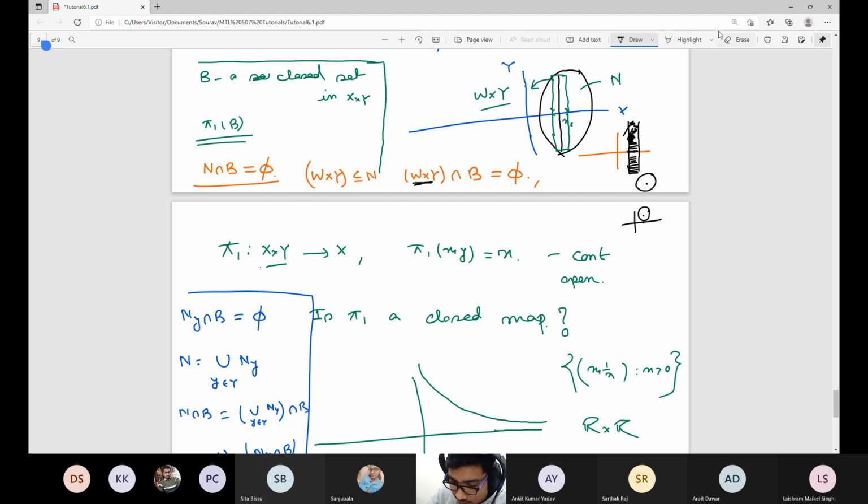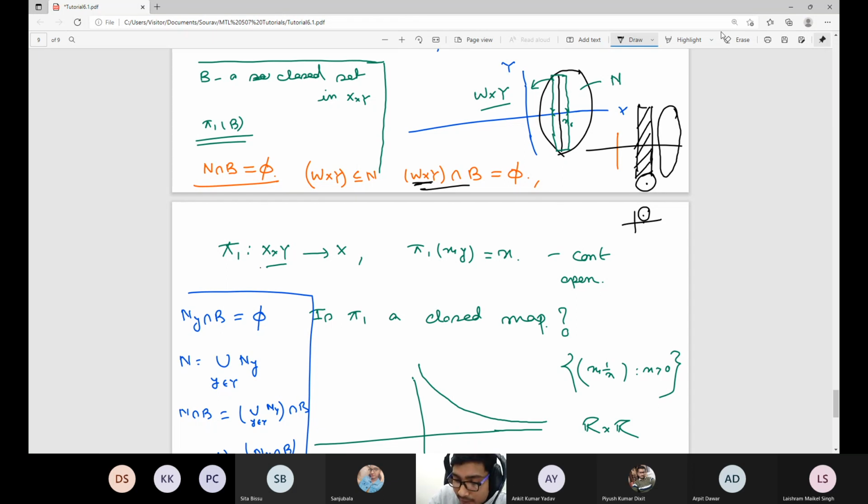So let me write properly. Your W cross Y is actually this set containing all the points whose first coordinates lie in W. And since this intersection is empty, your B is somewhere outside.